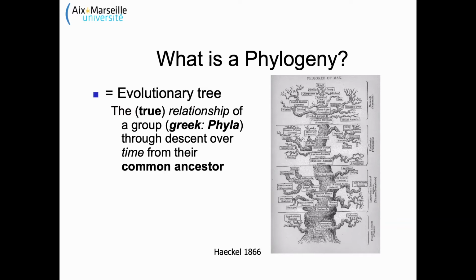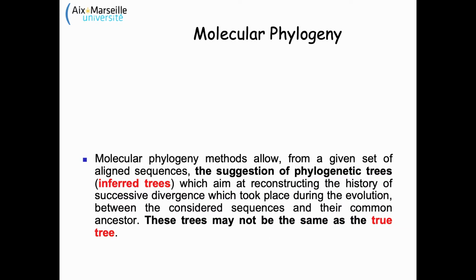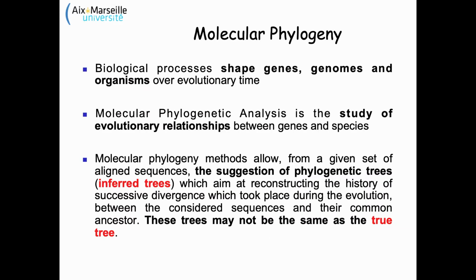So through phylogeny, we can build evolutionary trees, and I will give you first the definition and why it's important to perform molecular phylogeny. We need to perform molecular phylogeny because during evolution, as you can see here, genes, genomes, and organisms all change. Everything is moving, everything is changing over evolution.